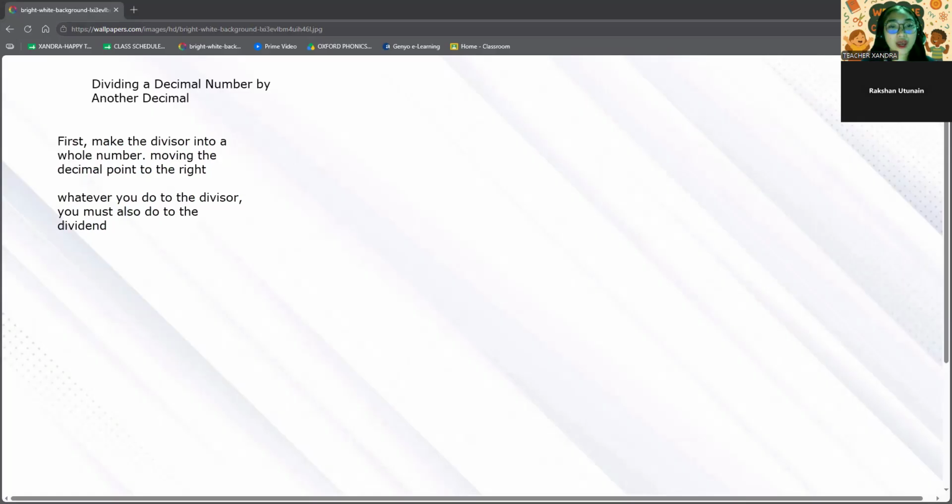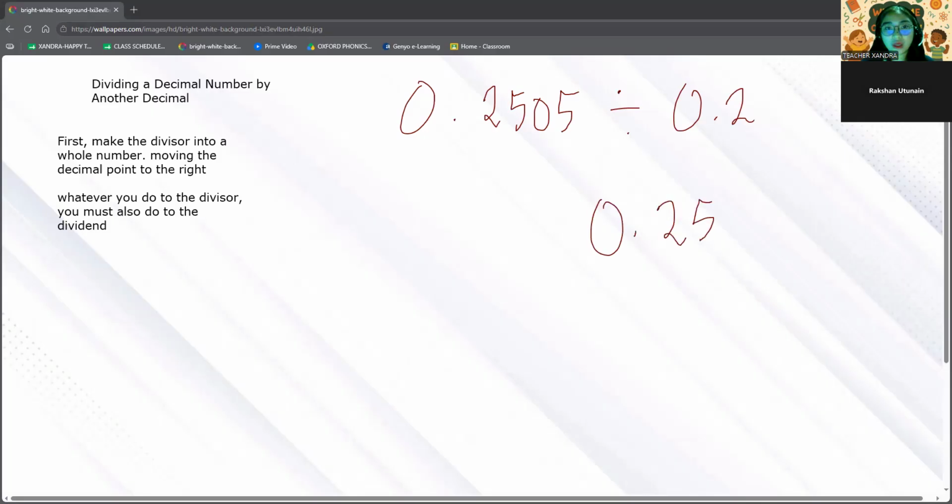And then divide normally, keeping the decimal point in the correct place. For example, we have 0.2505 divided by 0.2. So if we do this one in a long division, it's 0.2505 divided by 0.2.